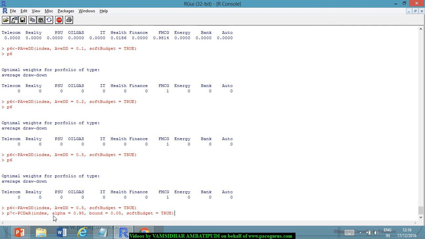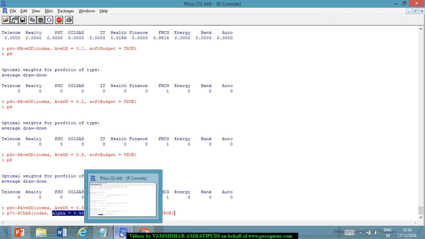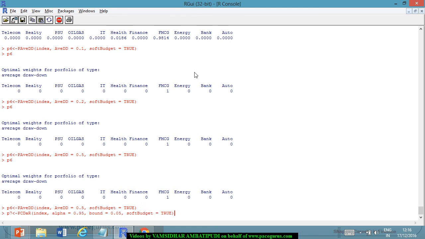So I am saying at 95% confidence level, I want my losses to be less than 10%. If I am setting the bound as 0.1, so in 95% of the cases, my losses should be less than 10%. Probably in 5% of cases, they can still be more than the 10% of the overall loss.